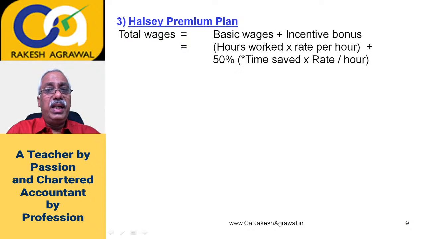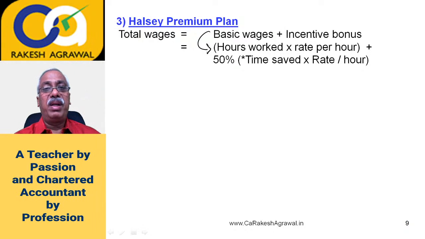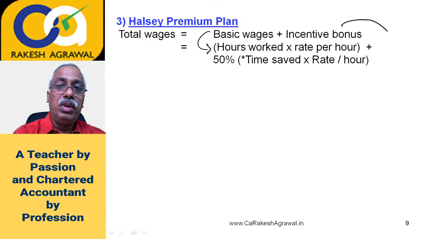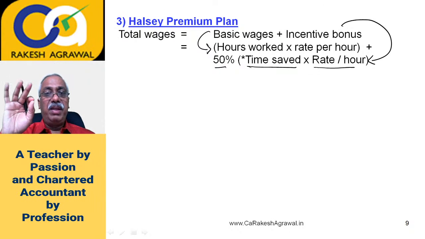So let us see the detailed formula now. Basic wages is the same time rate formula, that is hours worked into rate per hour, and the incentive bonus formula is this. Under the Halsey system, the bonus is calculated as 50% of time saved into rate per hour.